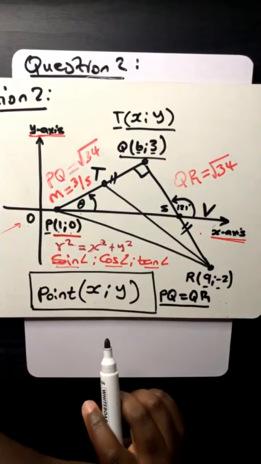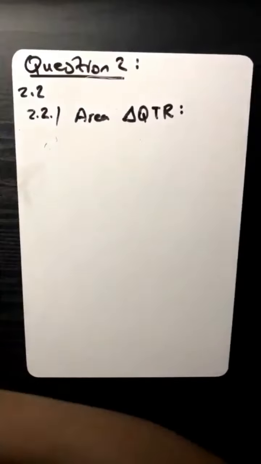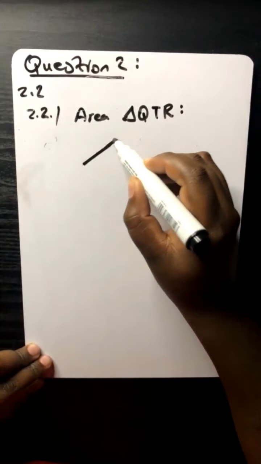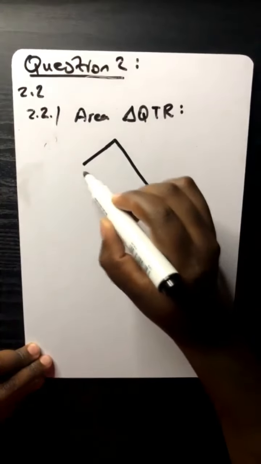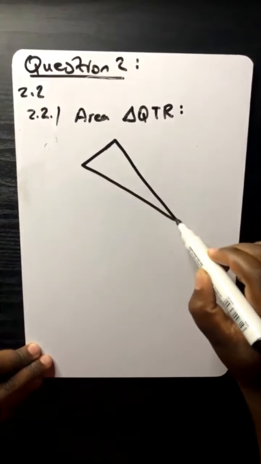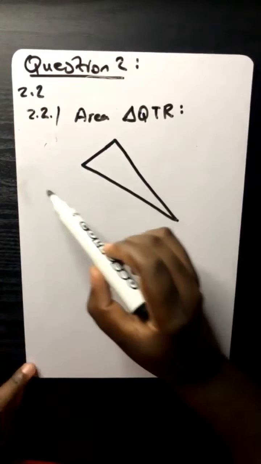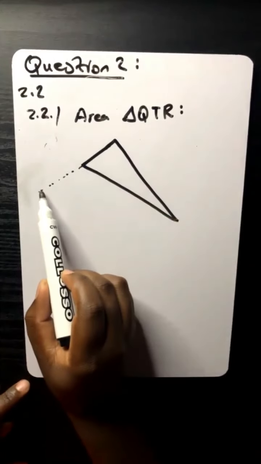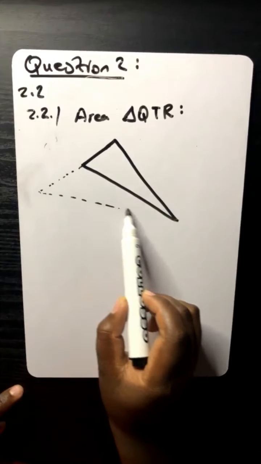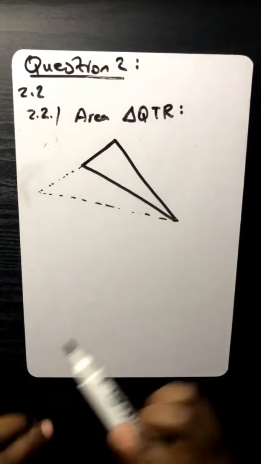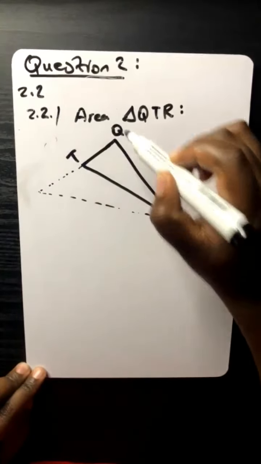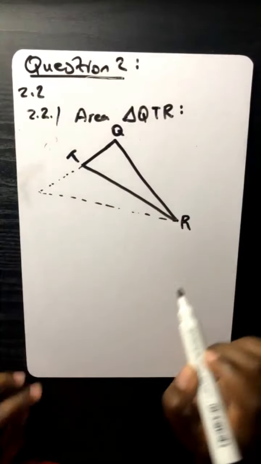There is R. Guys, you now need to redraw that triangle so that it makes perfect sense. Remember, that line used to extend like that, but in this case, we are only talking about points T, Q, and R.